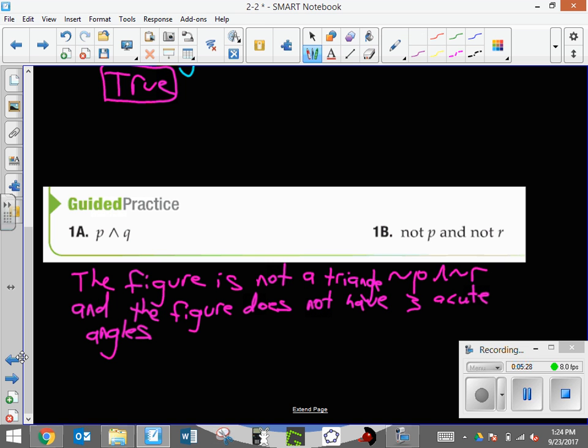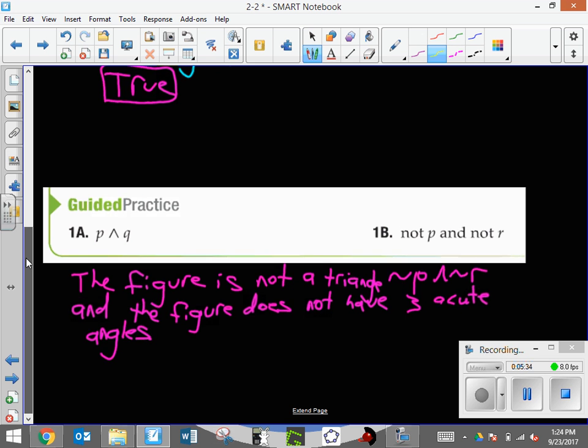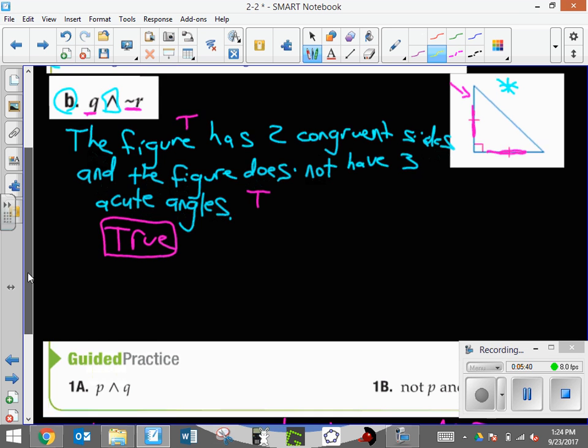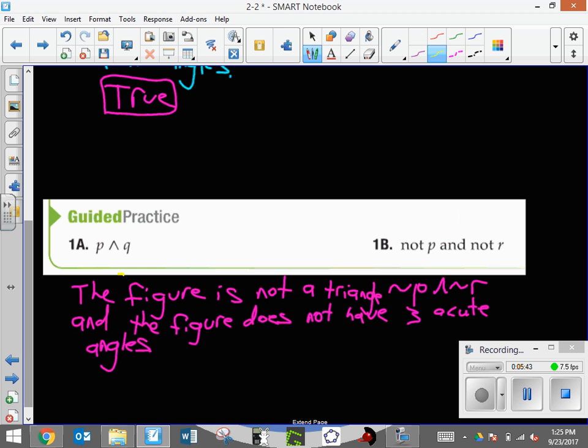Just like before, we're going to come up with its truth value. So we're going to start with the first portion, not P. The figure is not a triangle. Well, based on our picture up there, that is definitely a triangle, so that is false. And we already said from up above, the figure does not have 3 acute angles. We said that that was true.